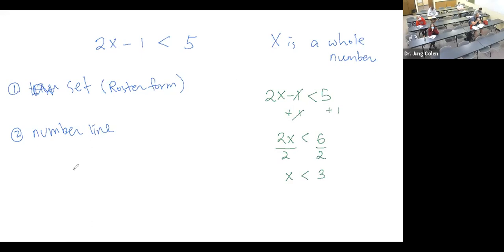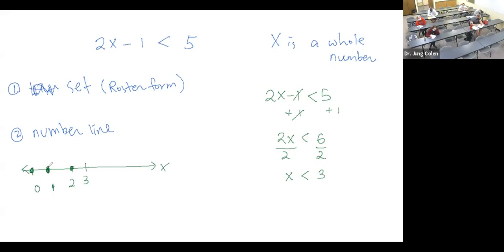Now, let's think about the number line first. This is my x, and I see 3 is here. X is less than, so left or right? Left. We are looking at this side, but our x should be a whole number. So which ones are we talking about? Only 2, 1, and 0.